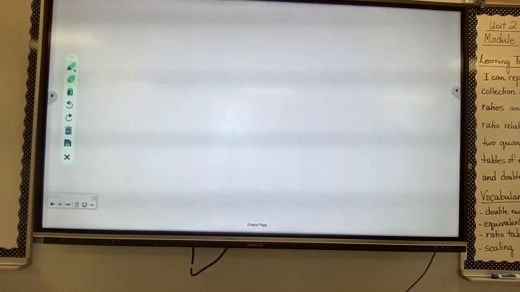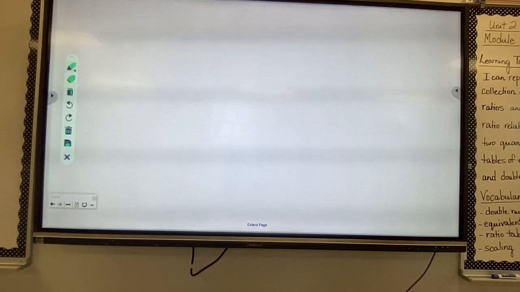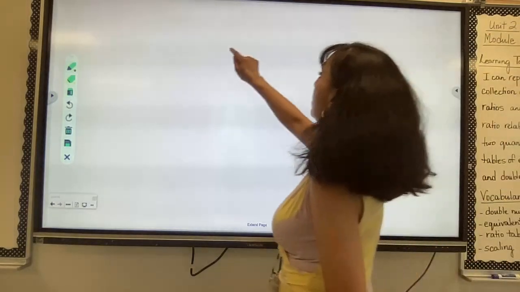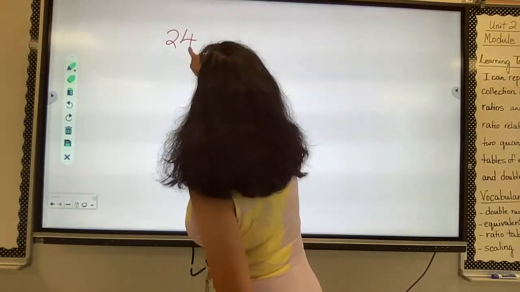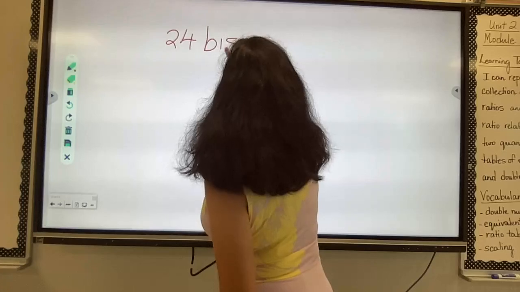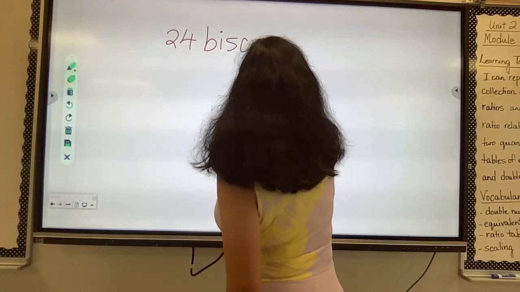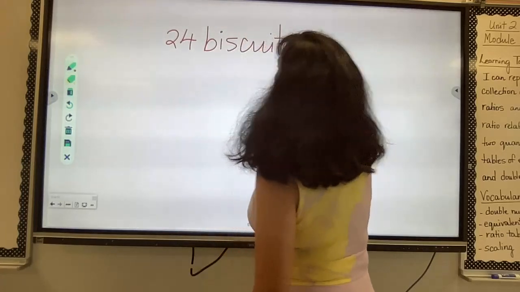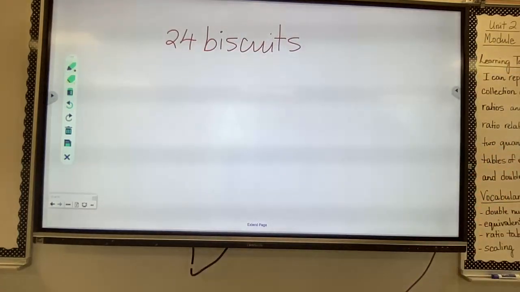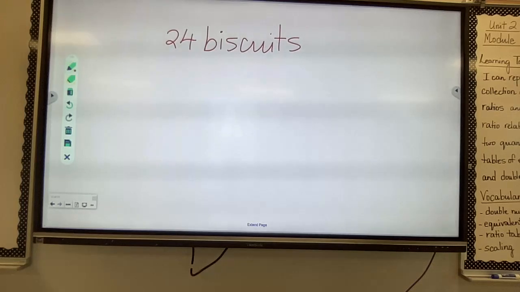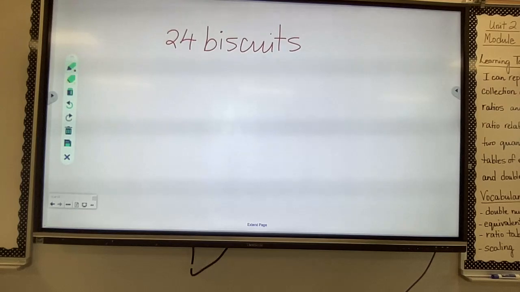We are making homemade biscuits, and these are the ingredients needed to make 24 biscuits. You have an entire chart of ingredients, but basically what we are going to talk about is how much we need for 24 biscuits.